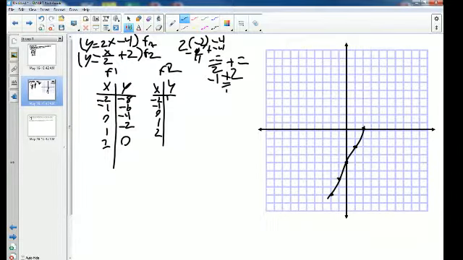Negative 1 is 1.5. 0 is 2. 1 is 2.5 and 2 is 3. And then to graph that, just go every other one so you don't have to deal with halves.